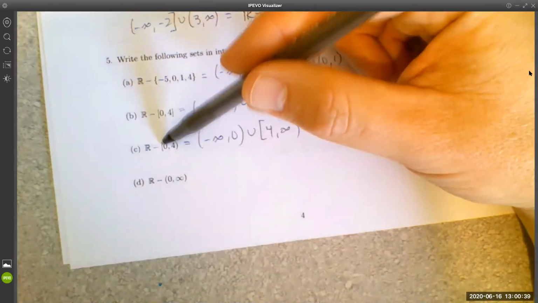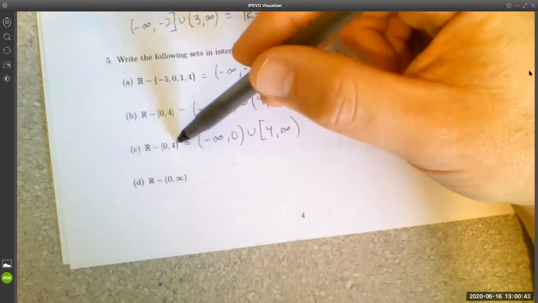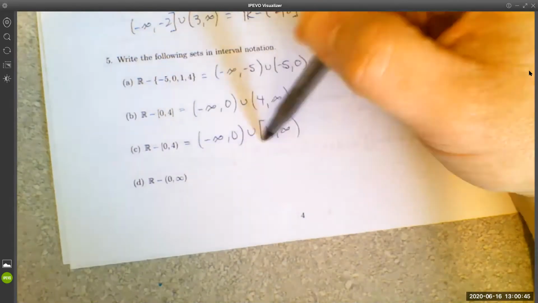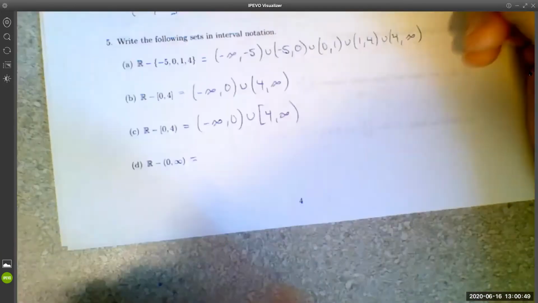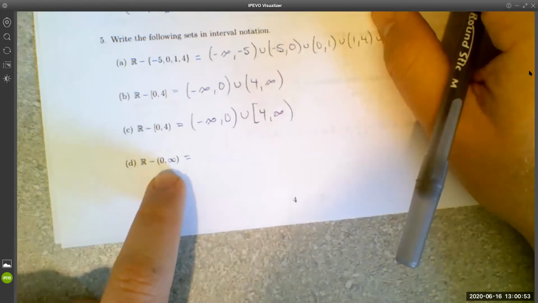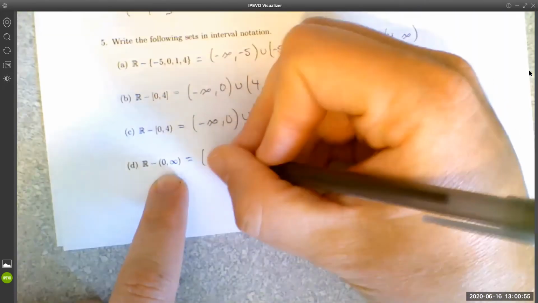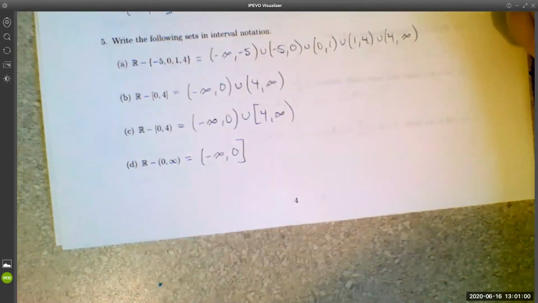And here I was supposed to kick out 0, so I don't have 0 here. I wasn't supposed to kick out 4 though, so I still have 4 in the interval. Okay, so that's that. And then finally, set of real numbers except for the positive ones. Okay, so this would be -infinity to 0, like that.